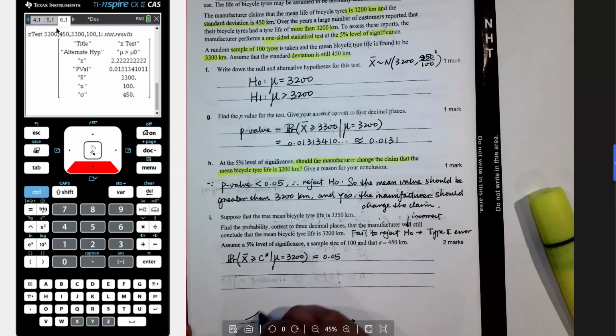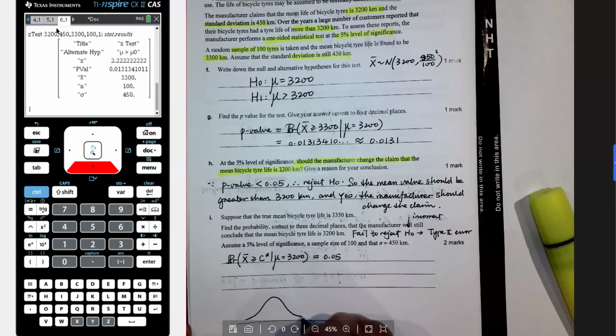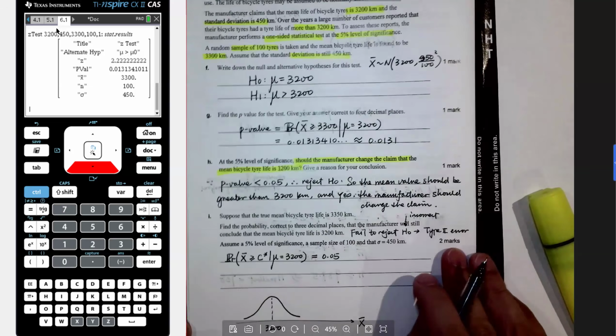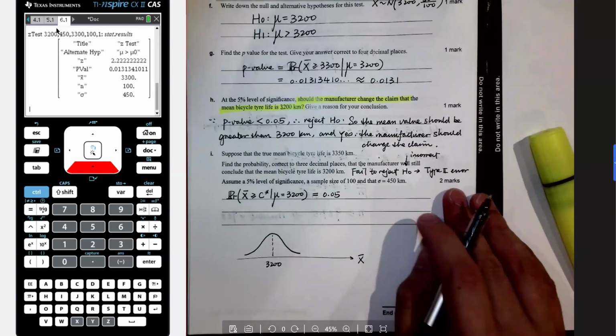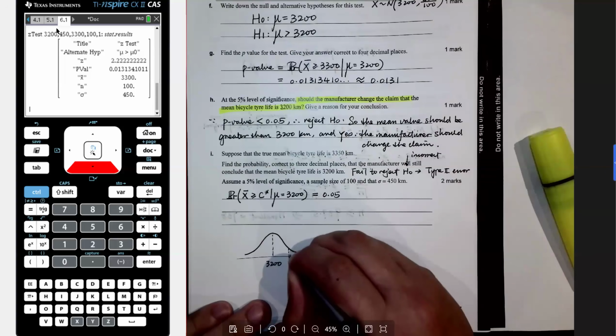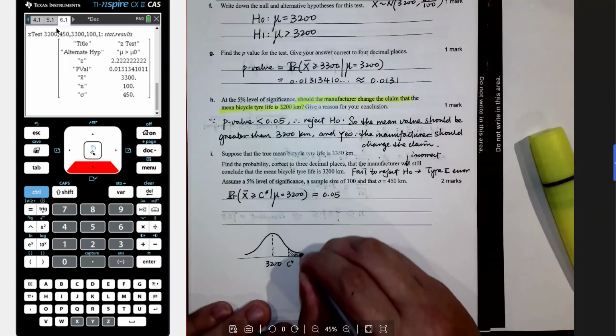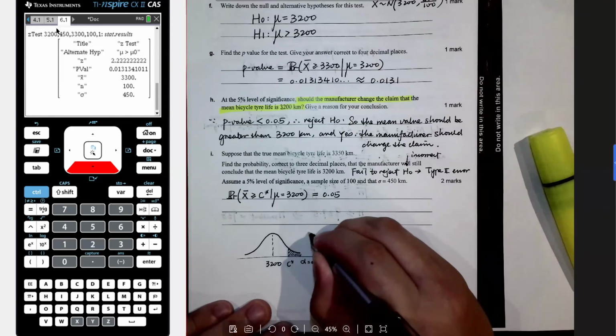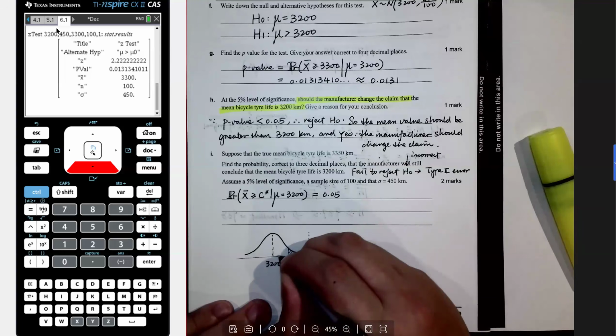So let me just draw a diagram. For example, this is 3200. This illustrates a potential X bar. And I would like to get some C star here. This bit is your alpha equals 0.05. And at some stage you get a curve like that.